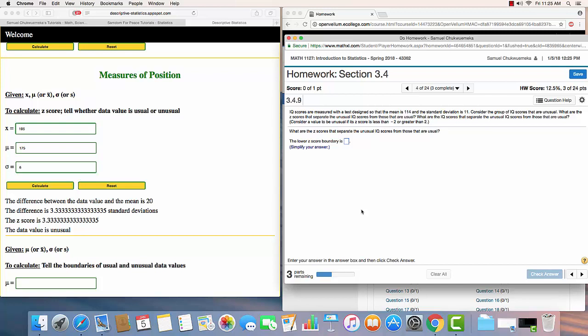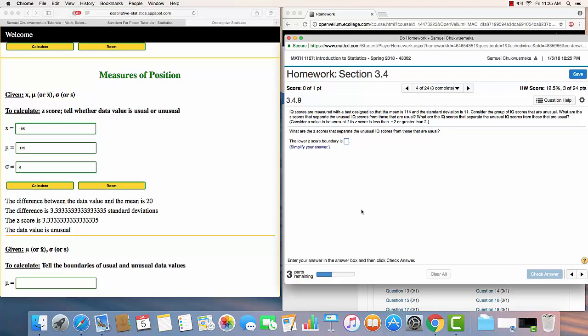Question 4. IQ scores are measured with a test designed so that the mean is 114 and the standard deviation is 11. Consider the group of IQ scores that are unusual. What are the z-scores that separate the unusual IQ scores from those that are usual?